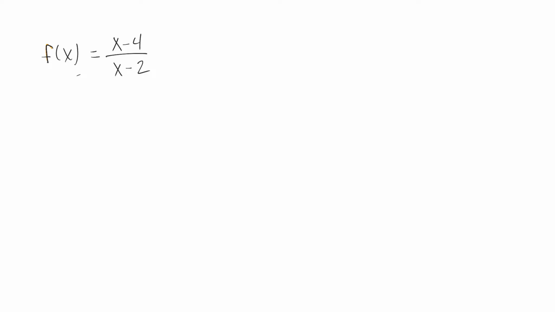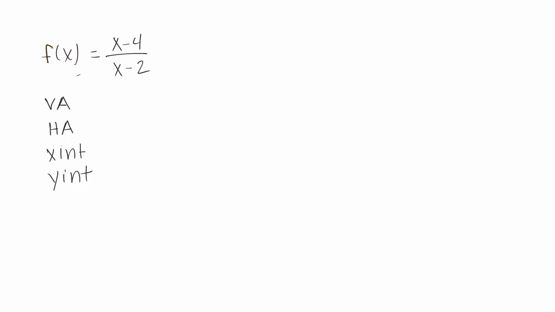Let's do this a little bit differently. Let's start this one with asymptotes. So let's start by finding vertical asymptotes, horizontal asymptotes. Then we'll look for x-intercepts and y-intercepts. And then we'll go into our first derivative, our second derivative.